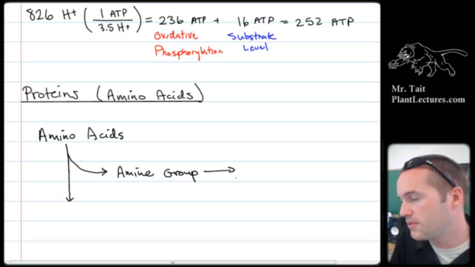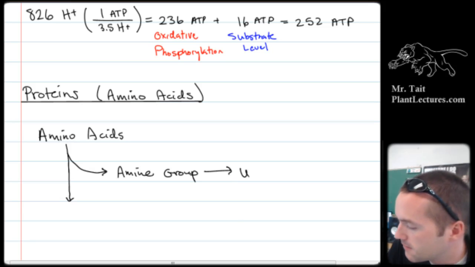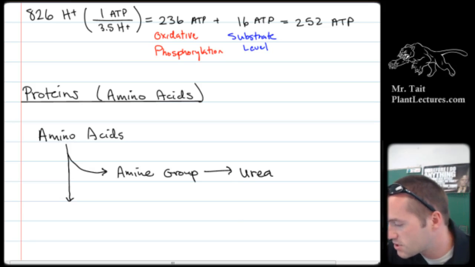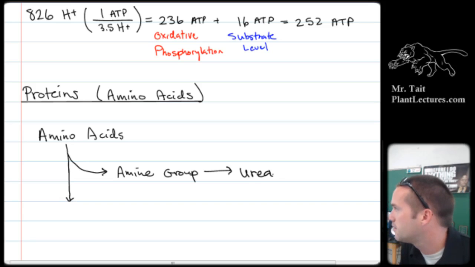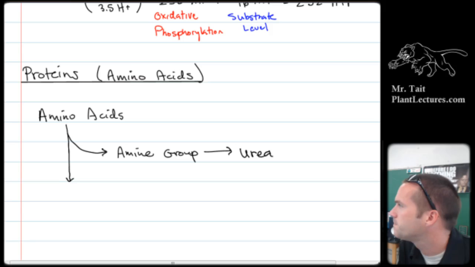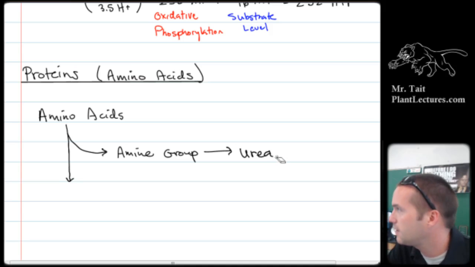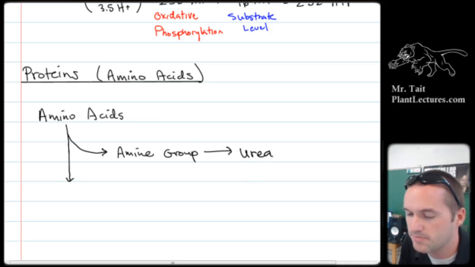Their amine group is a nitrogen-containing group, and that gets turned into a nitrogenous waste product called urea, which is in urine, right? It's the number one molecule in urine other than water. So people who have high protein diets will have high urea content, and that's why they tell you if you are having a high protein diet, you need to have a lot of water also, because the water is going to dilute the urea so that you don't get kidney stones that are made up of urea. Which is bad. You don't want kidney stones.